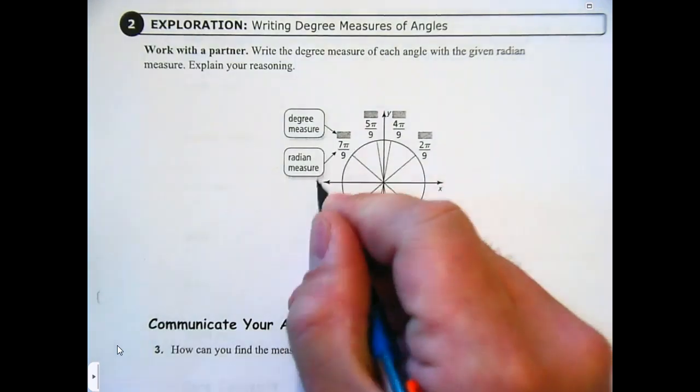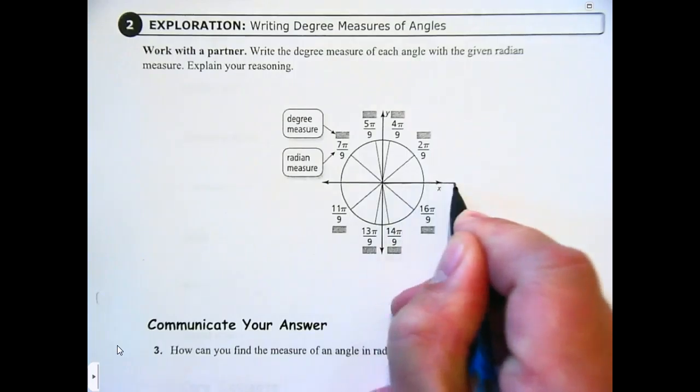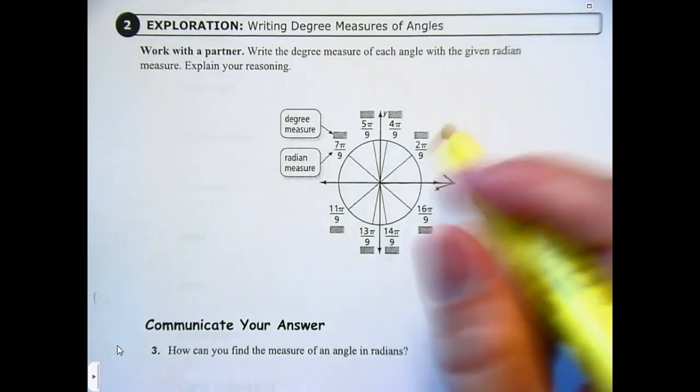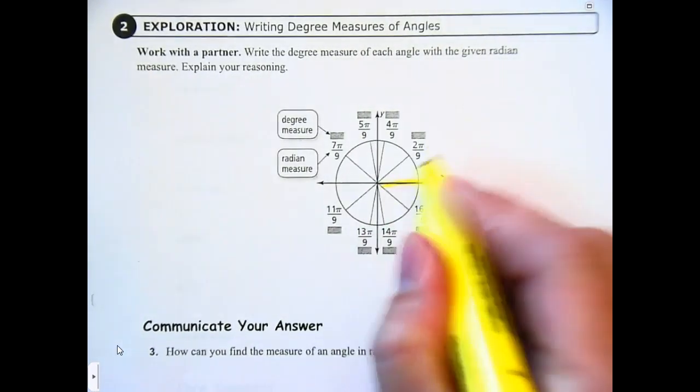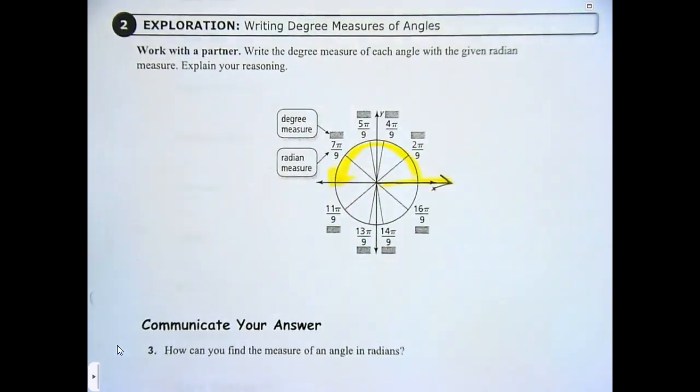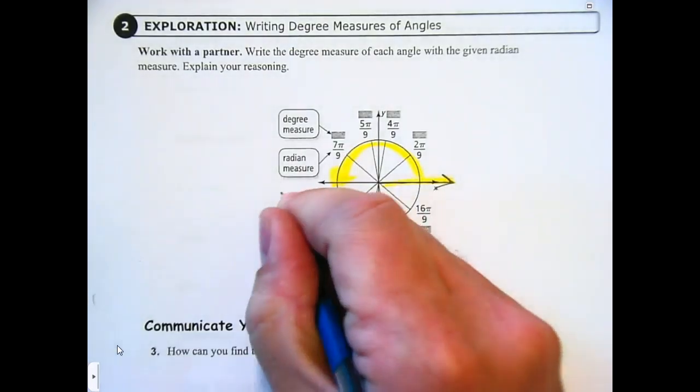Now look, we know that if we start here and rotate around our circle halfway, we have traveled how many degrees? 180.